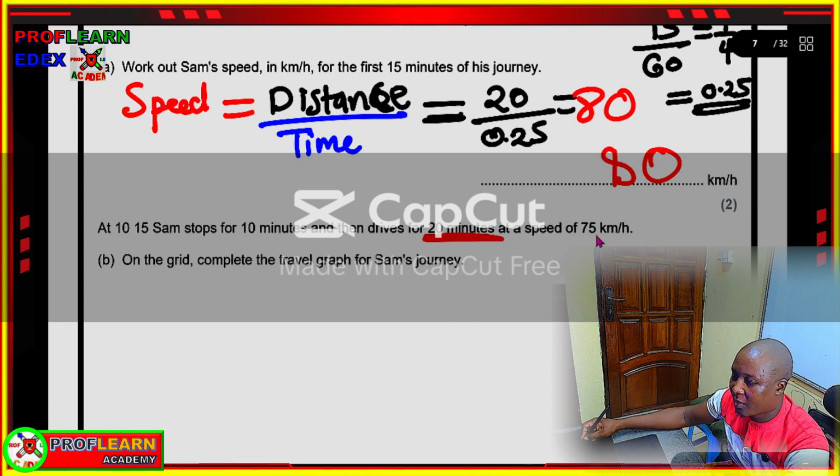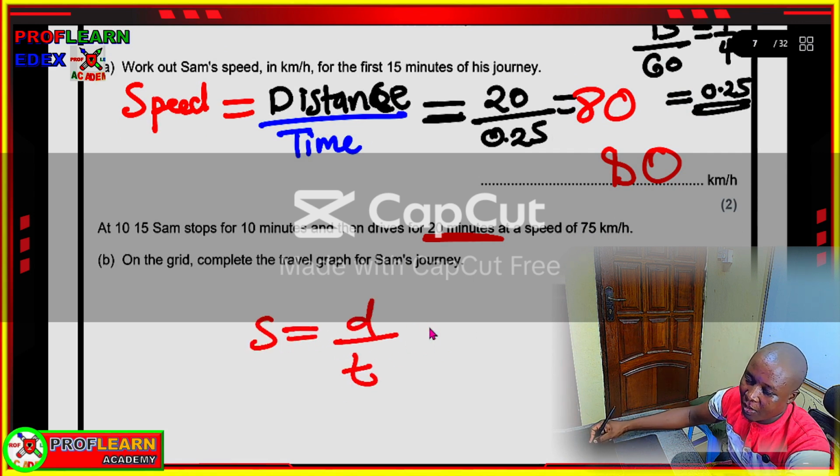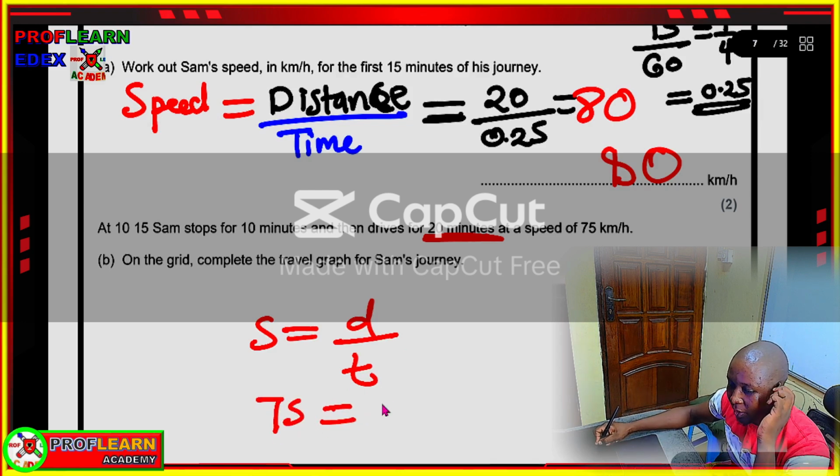So we have speed. We know speed is distance over time. So if speed is 75, we don't know the distance traveled, but the time taken is 20 over 60, which cancels down to 1 over 3.